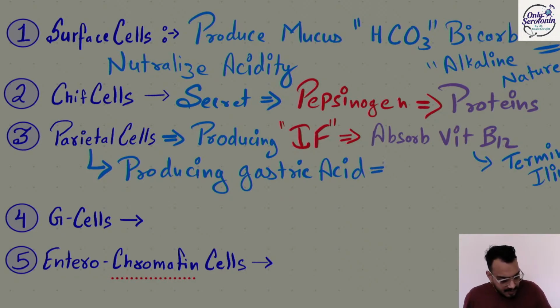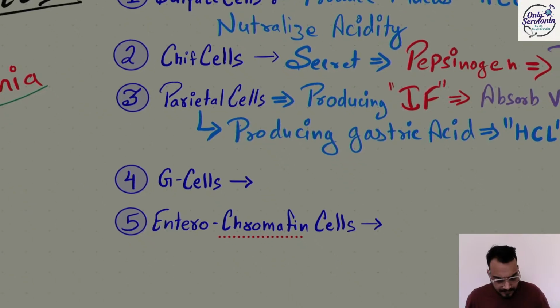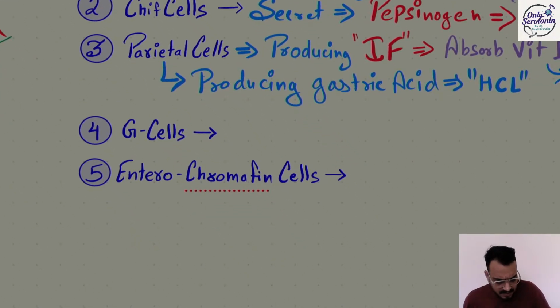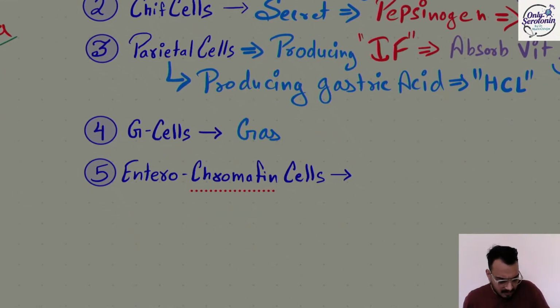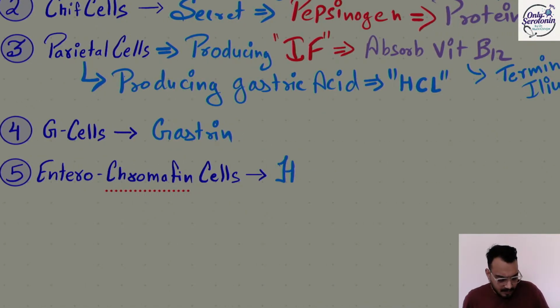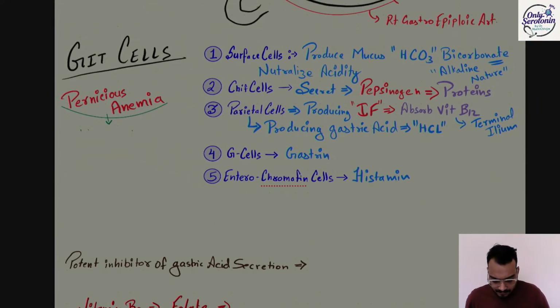What is the name of this acid? Hydrochloric acid. Then what about G cells? G cells are going to produce gastrin, and enterochromaffin cells are going to produce histamine. Gastrin and histamine.